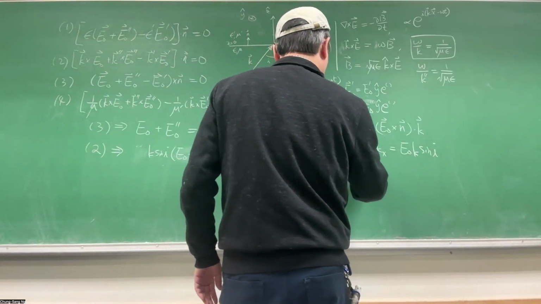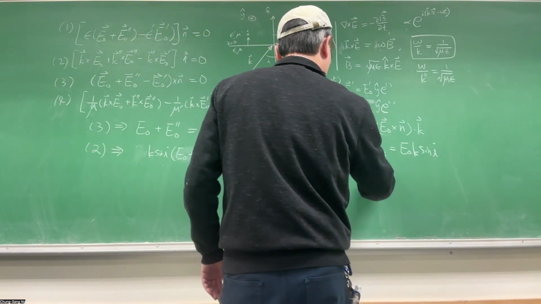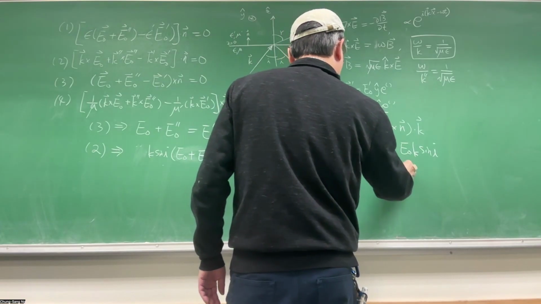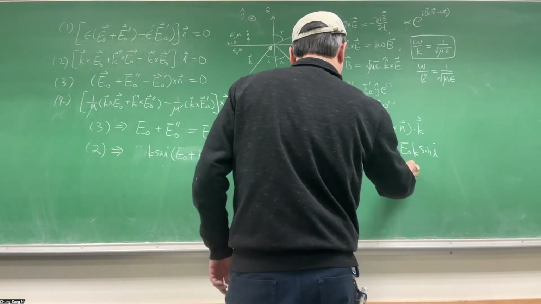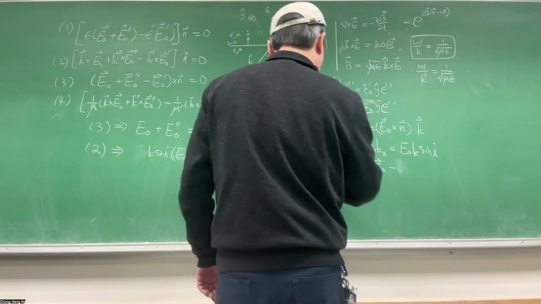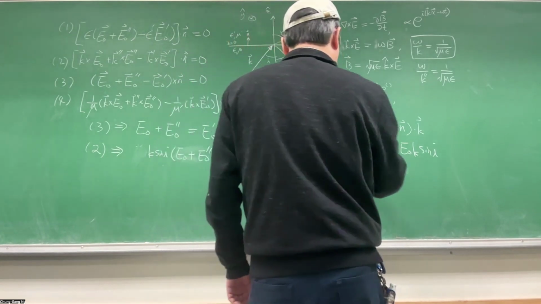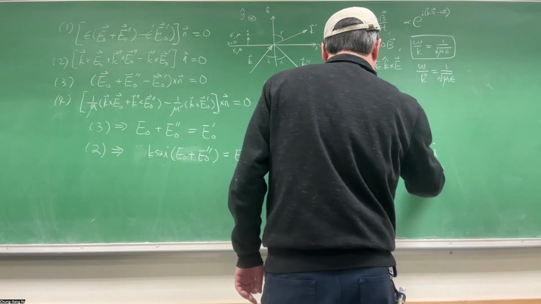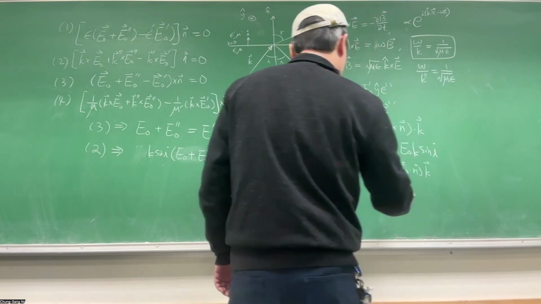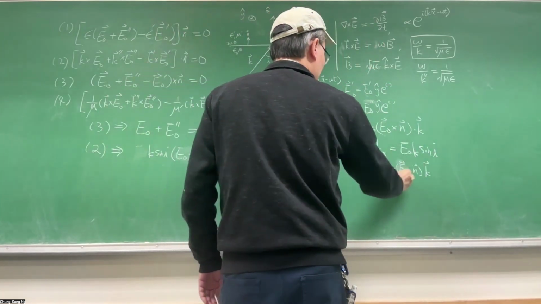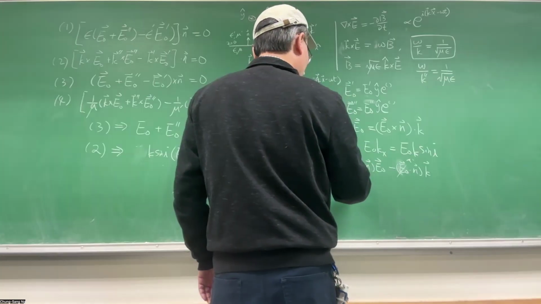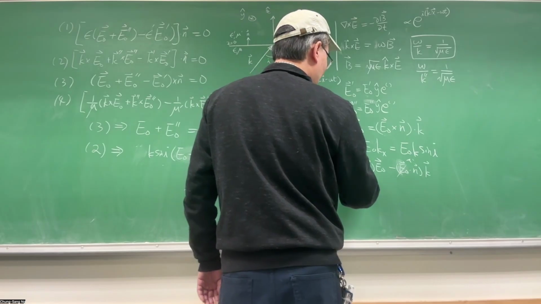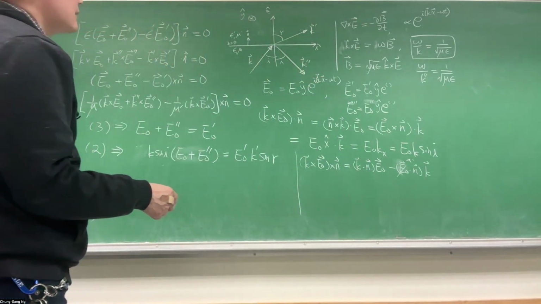There are two terms: one is k dot n E0, and then minus E0 dot n k. And E0 dot n is 0 in this case. And so it's just k dot n E0.